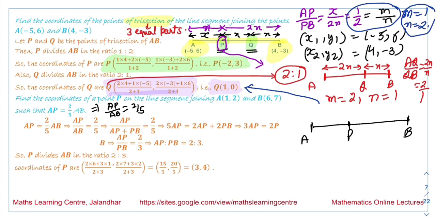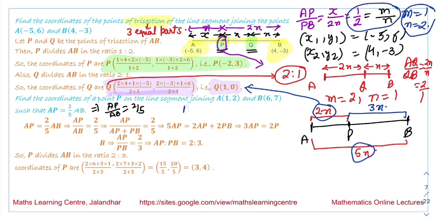So it means if the length of AP is 2x, then this length AB is 5x. It means the length of PB will be 3x.